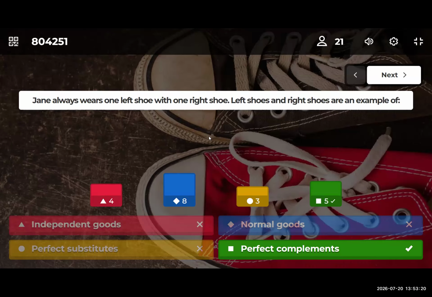Left shoes, right shoes: perfect complements.